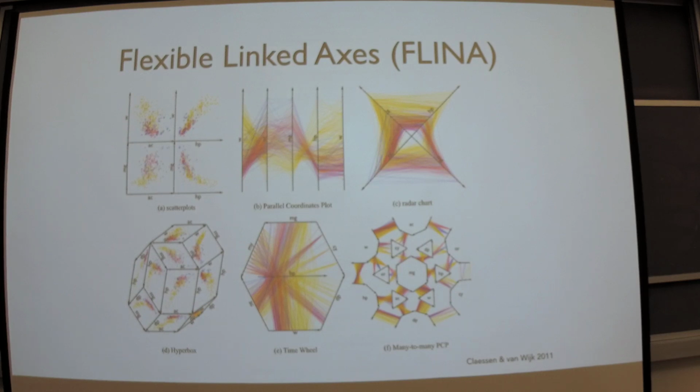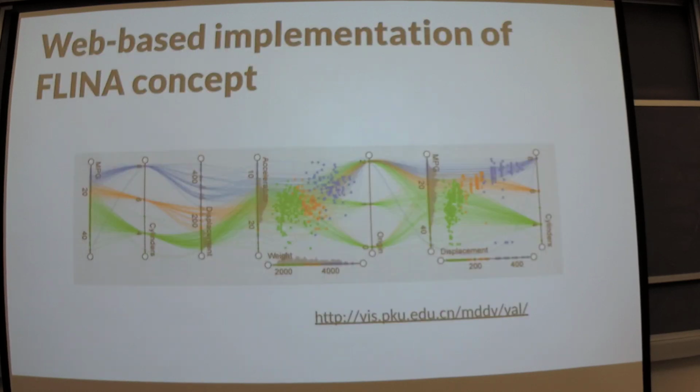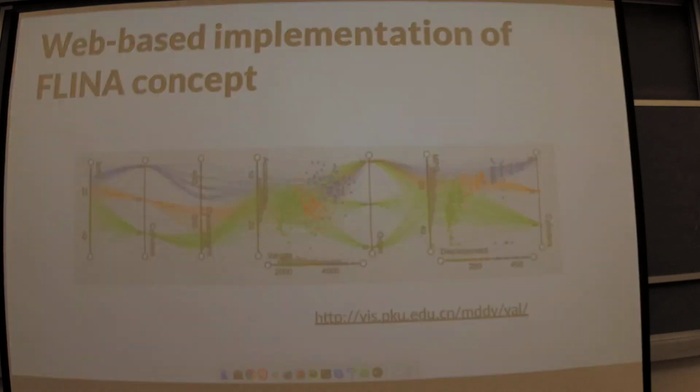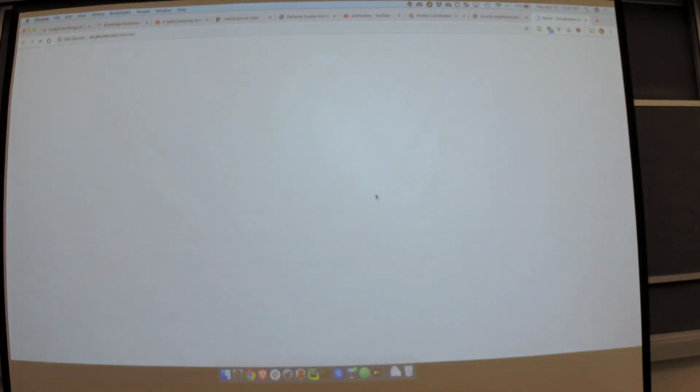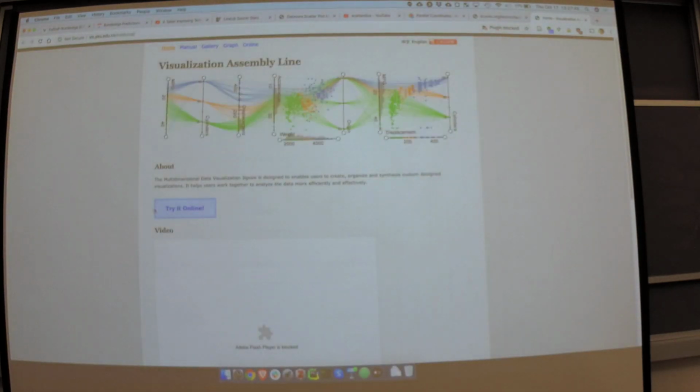Basically, you can choose to combine two axes, and then you can either project the points between them, or connect them with lines. With just this basic idea, with those two options, they show that they can recreate all of these different visualization techniques. And here's an implementation of this on the web by somebody else.